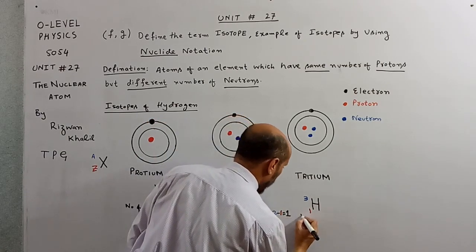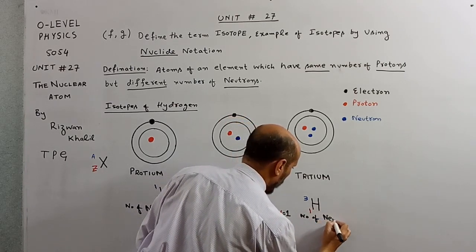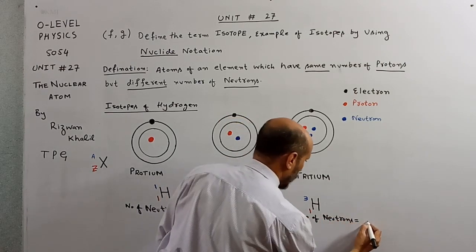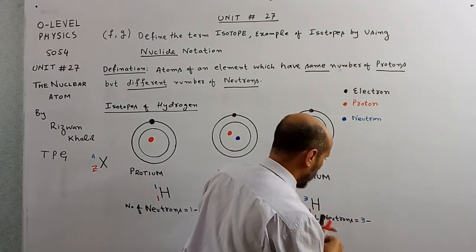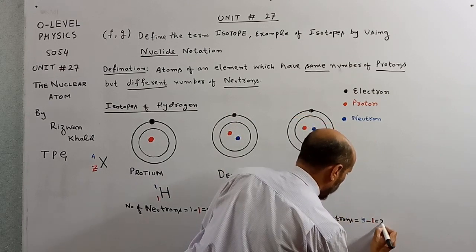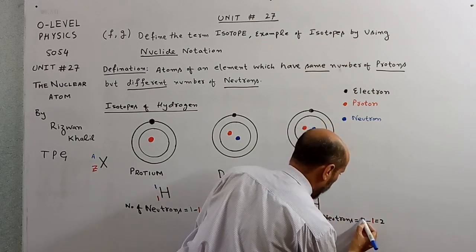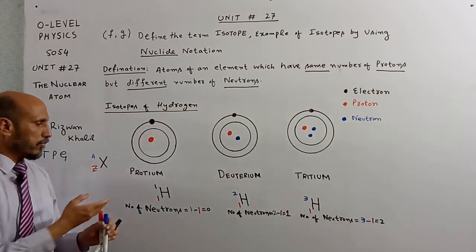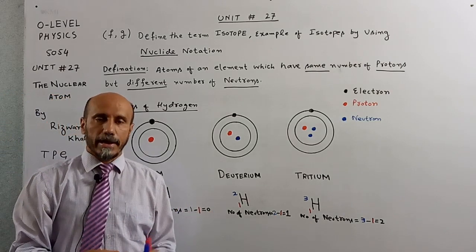And in the third example, the number of neutrons is 3 minus 1, which is equal to 2. In this way we can calculate the number of neutrons in the given isotopes.